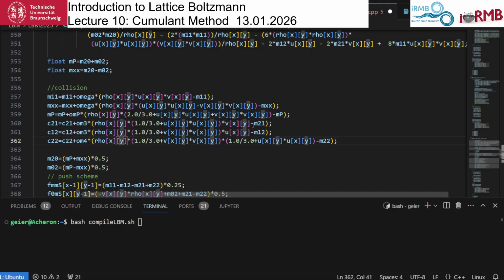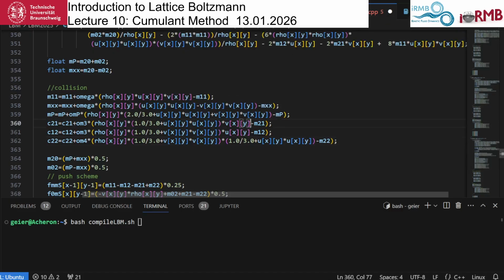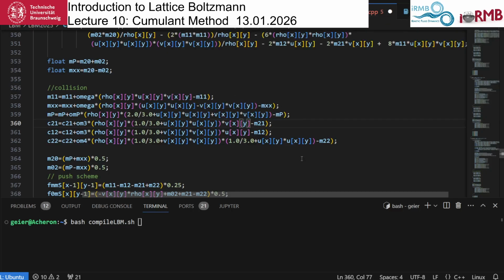Now, what about the equilibria? What you learned about cumulants? There is no, so the equilibrium is 0. So delete the equilibrium, right? Ah, okay. Of course, this way.